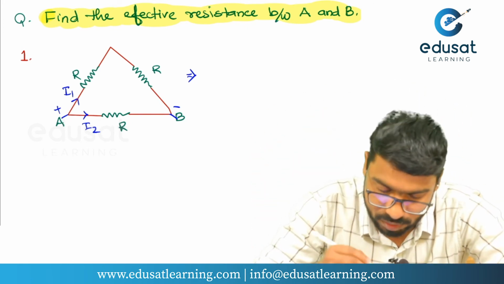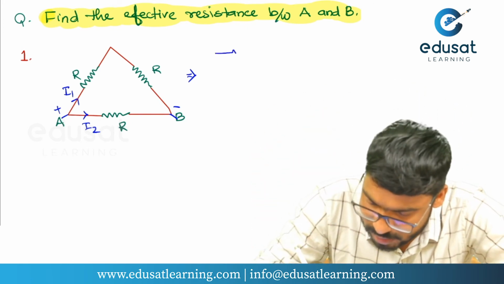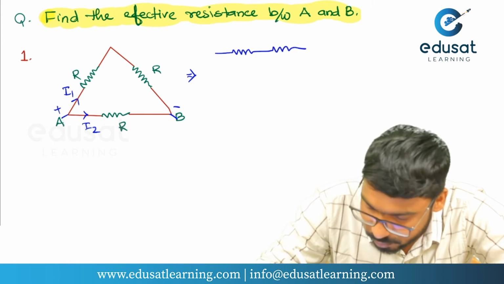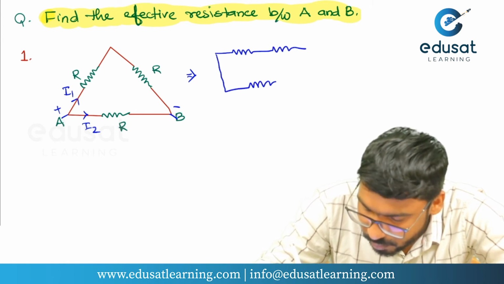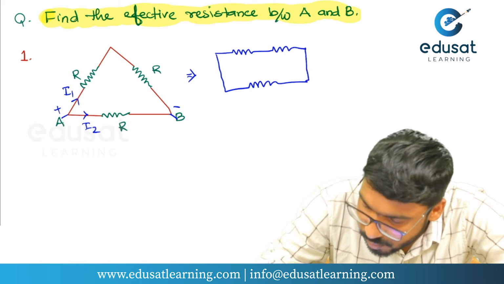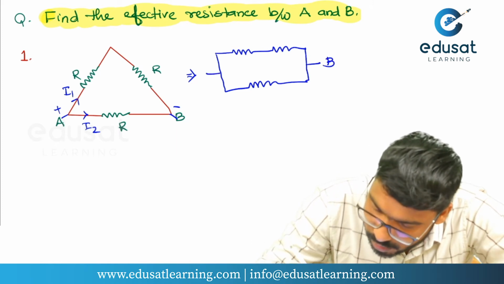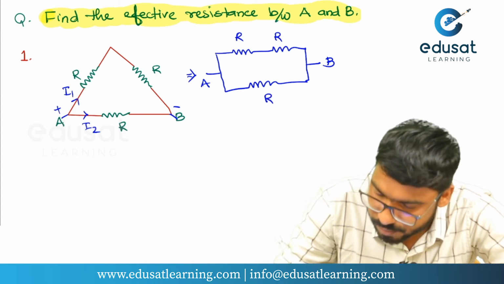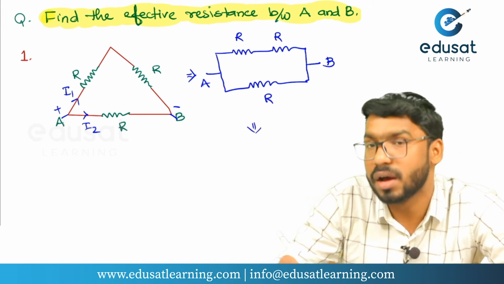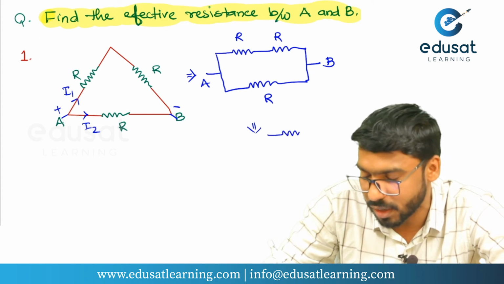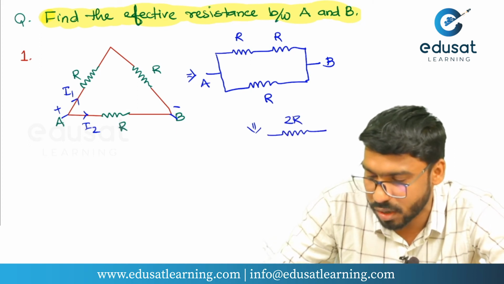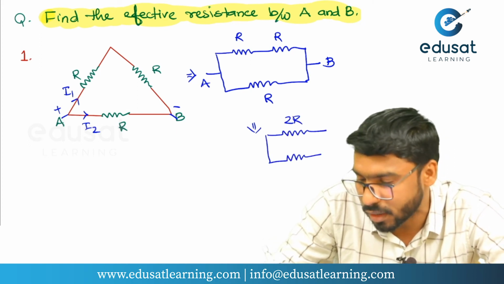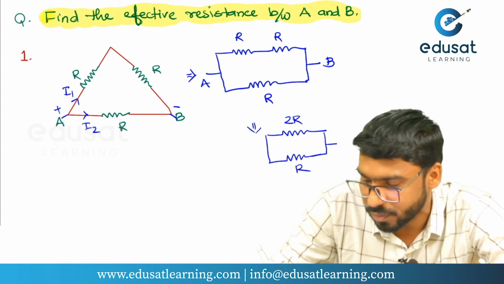So we can redraw this network like this. Here it is B, here it is A, this is R, this is R, this is R. Here two R in series give 2R, and at the lower path it is R.